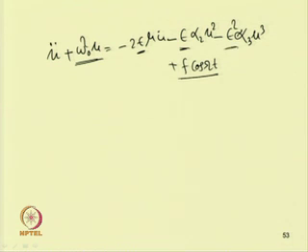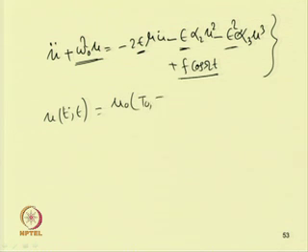So, in this case, proceeding in a similar way, by taking u of t, epsilon equal to u 0 t 0 t 1 plus epsilon u 1 t 0 t 1.